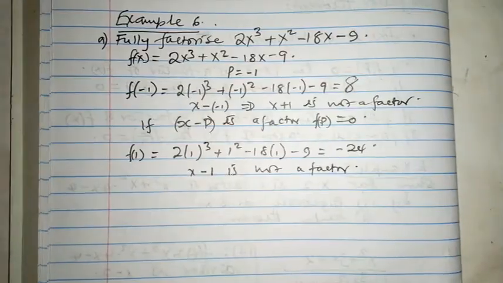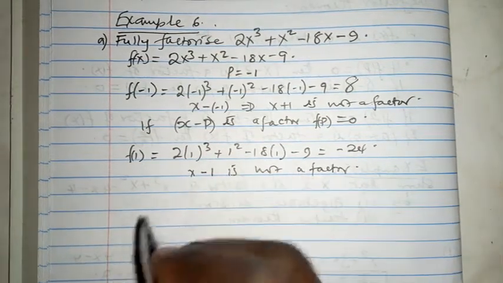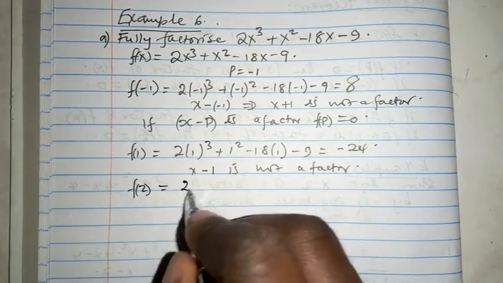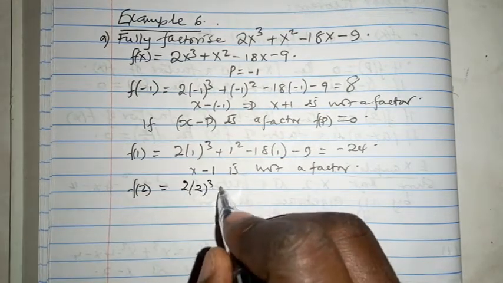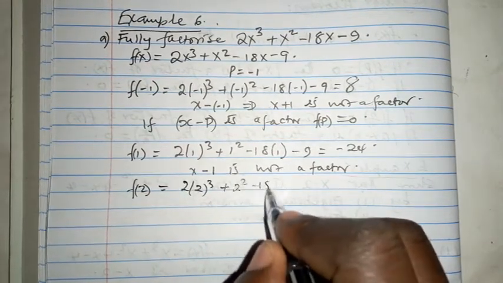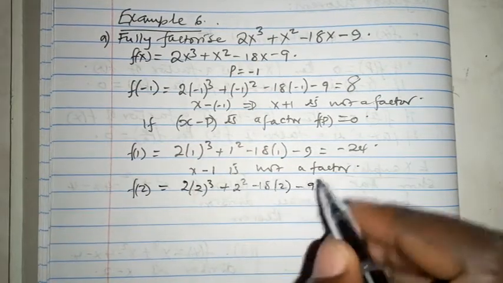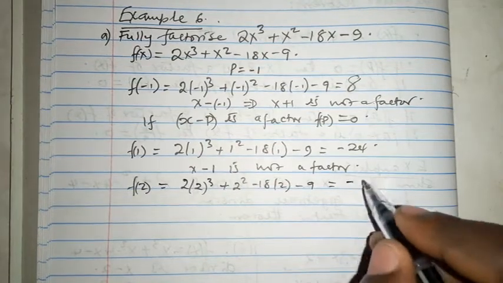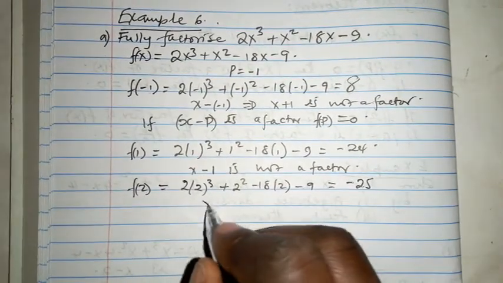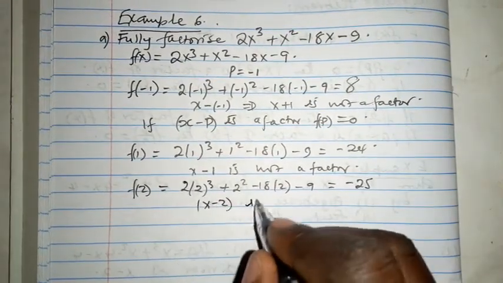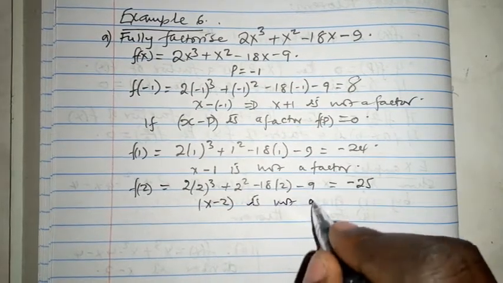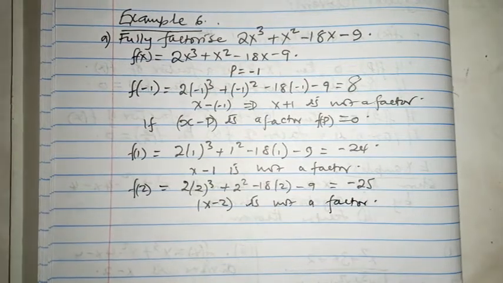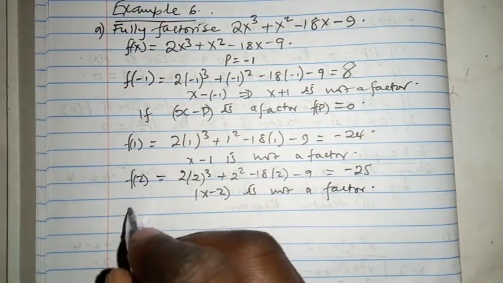What about if we took p to be 2? f(2) is 2(2) cubed plus 2 squared minus 18(2) minus 9, which, if you work it correctly, gives you -25, and therefore x minus 2 is not a factor, because -25 is not 0. What about p is 3?